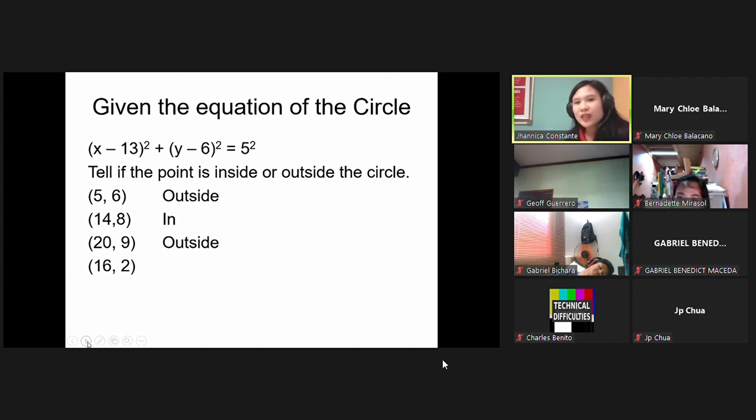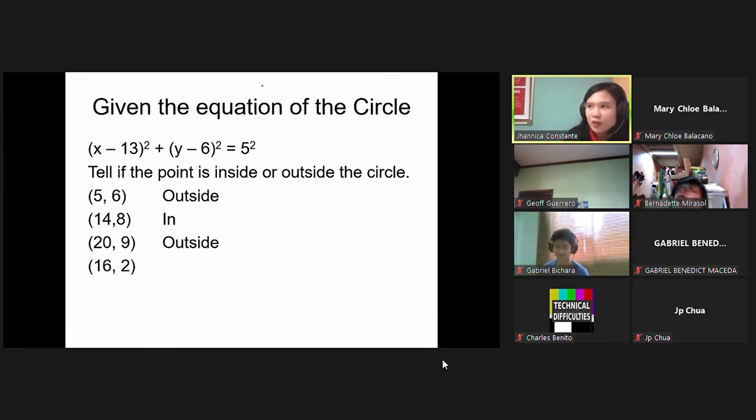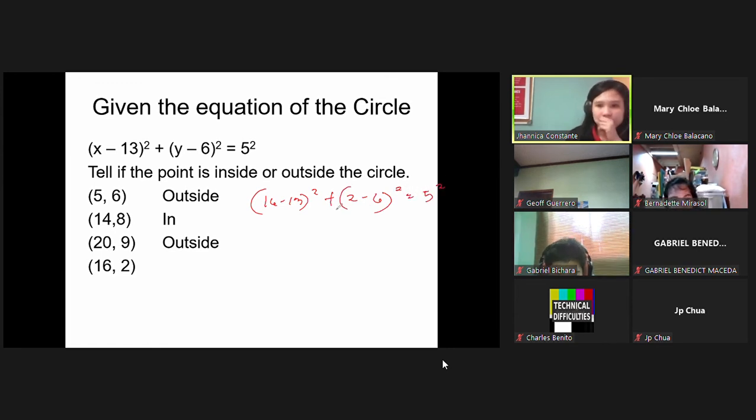For example, we have the point that has a coordinate of (16, 2). Okay. So the same equation of circle that we're going to use in identifying the given point. We have (16 - 13)² + (2 - 6)² = 5². So 16 minus 13 is equal to 3 squared plus a negative 4 squared equals 5 squared.